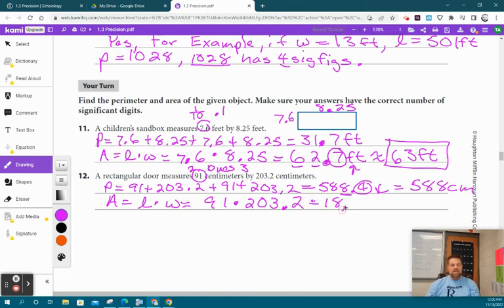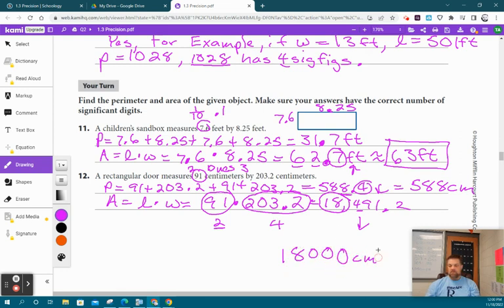So anyways, that's 18,491.2. But when it comes to significant figures, this is two significant figures. This one is 4 significant figures. So we go with the least significant figures, which is 2. So we're going to round to the thousands. I look at the 4. That means round down. So my answer is 18,000 centimeters squared.